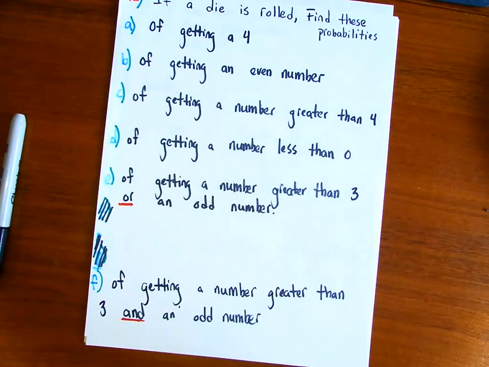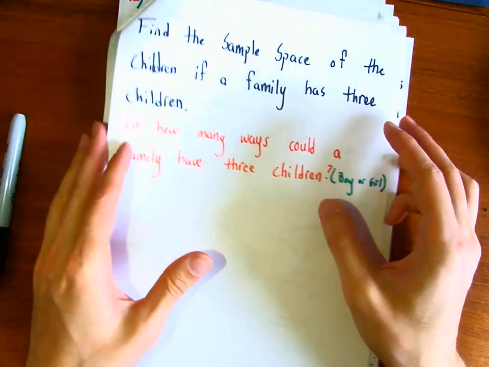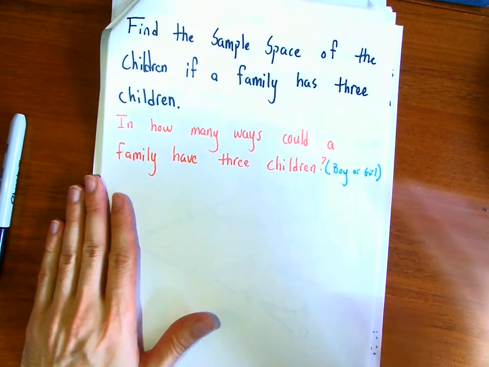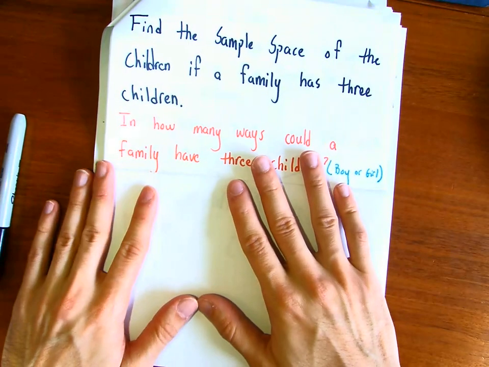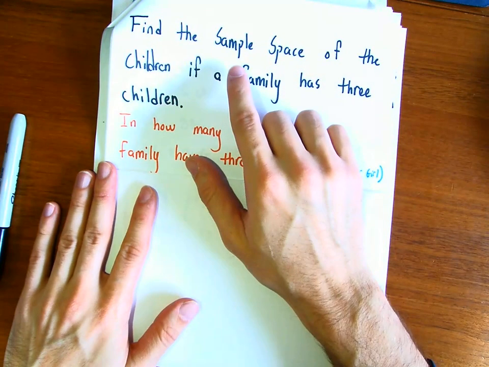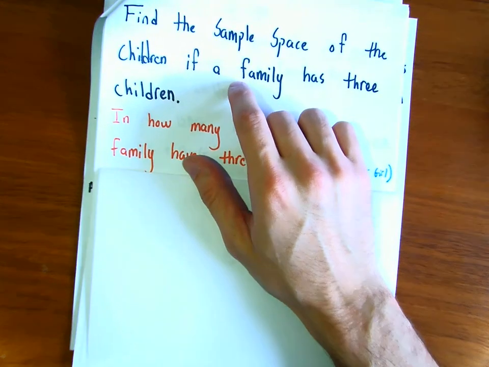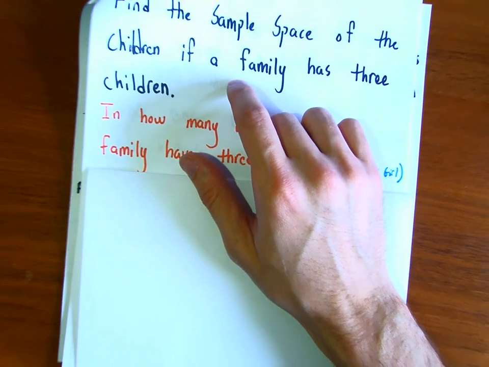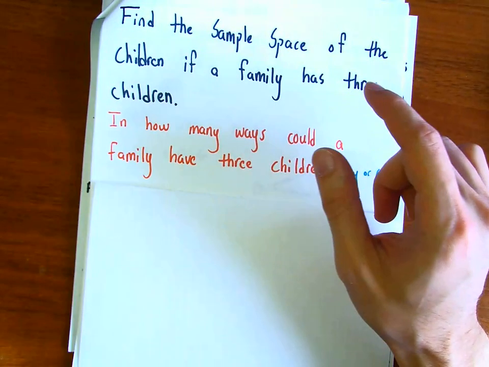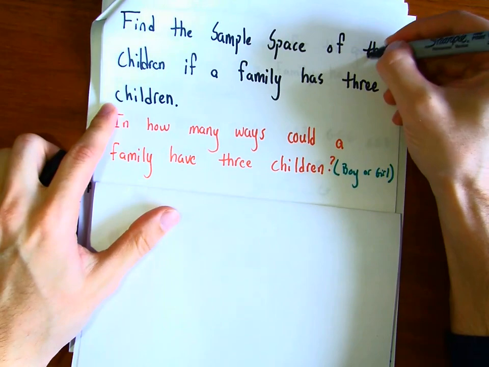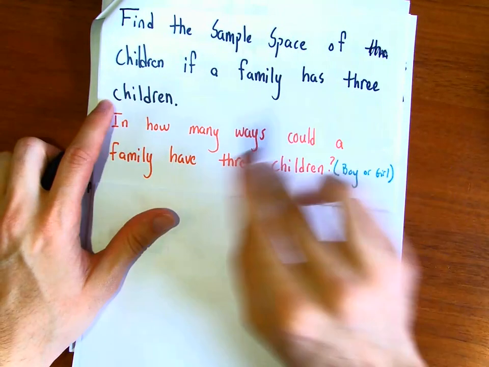Let's look at this problem over here. It says, and actually, let me cover it. Here, it says, find the sample space of children of the, oh wait, why did I write this wrong? It says, find the sample space of children if a family has 3 children.